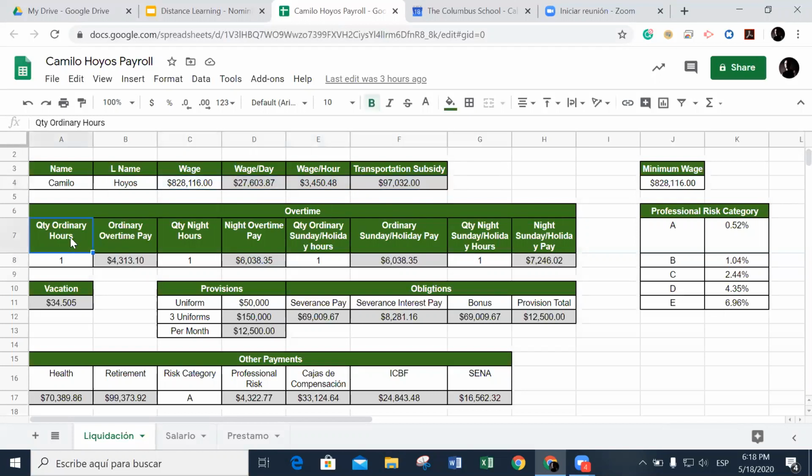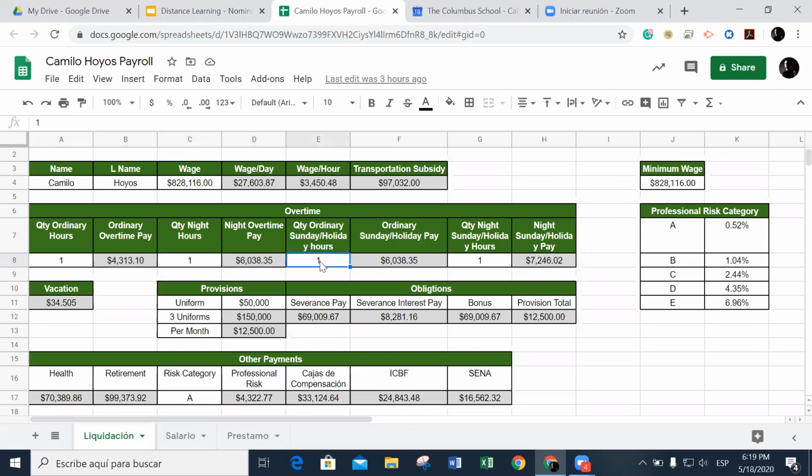Okay, now the quantity in ordinary hours, let's put 1 just to see how much 1 hour is. According to the government, the ordinary overtime pay is 4,313 pesos with 10 cents, right? So we have to put that in there manually. Now, 1 quantity, like 1 night hour, is paid at 6,038 pesos and 35 cents.